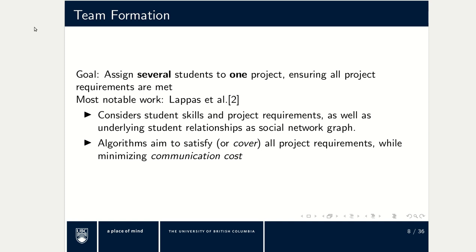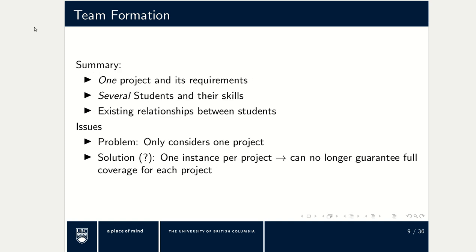So essentially keeping people that like each other together, keeping people that don't like each other apart, or work well together, however you want to define that. In summary, they consider one project and its requirements, they consider several students and their skills, and they consider the existing relationships between students. The biggest problem is that they only consider one project, so we need to consider multiple.